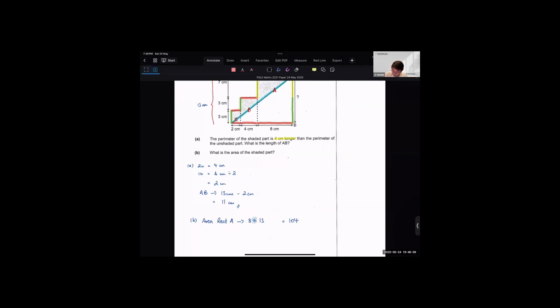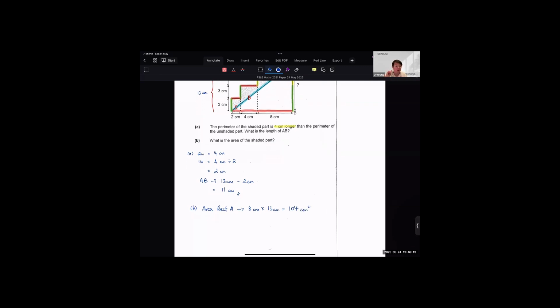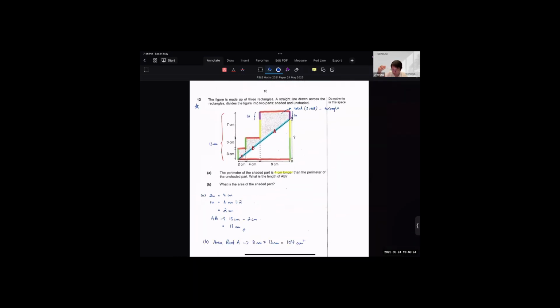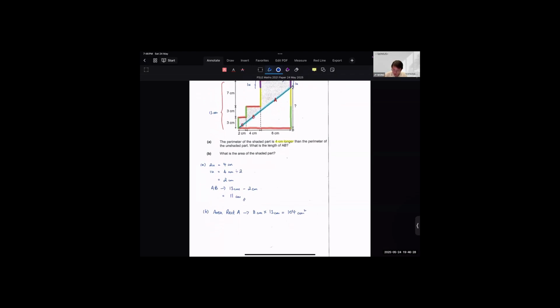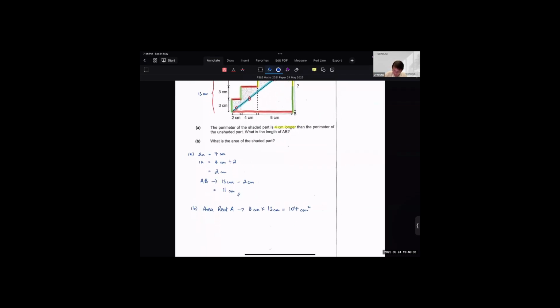I'm writing units here, but in your exam, if you are the kind who have a tendency to forget your units, please just keep the units for the equation and write in your final answer. And for goodness sake, please don't write the wrong unit. Area of rectangle A, 8 times 13. Area of rectangle B, 4 times 6.